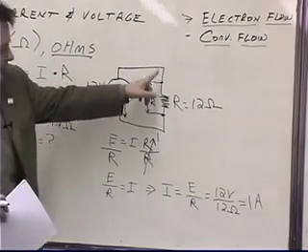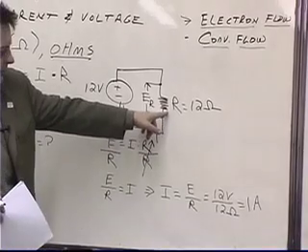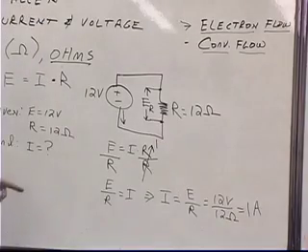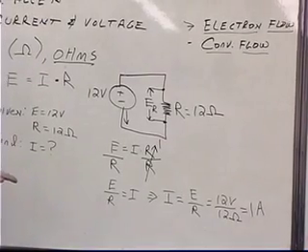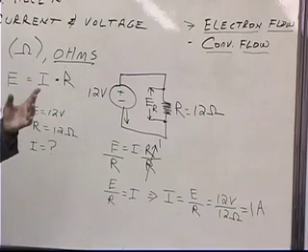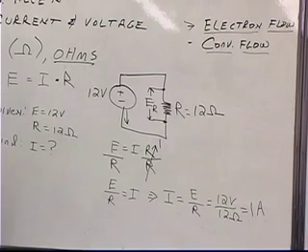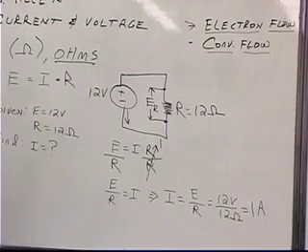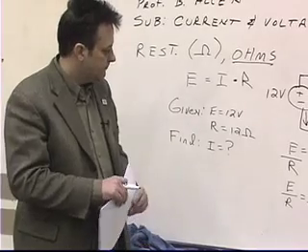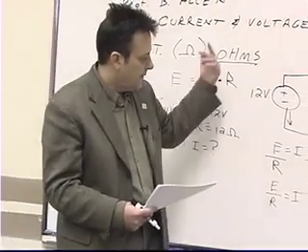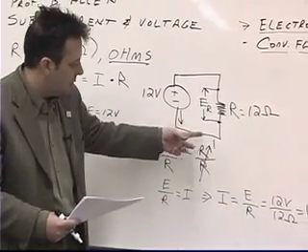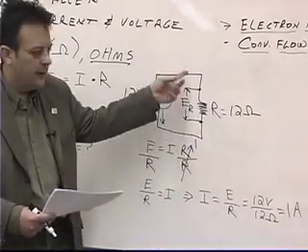We hooked it up to a resistor that was 12 ohms, and we used Ohm's law, which we'll be using throughout this entire course, and I guarantee you'll be using through your entire career if you stay in the electrical fields. Then we substituted the numbers in to figure out how much current was flowing in this circuit right here.